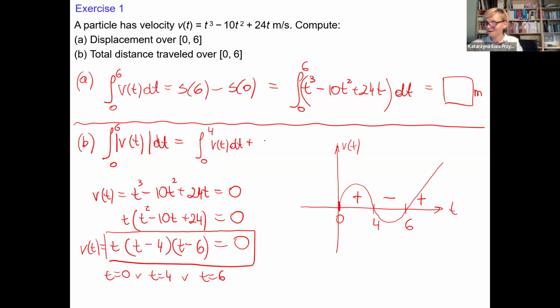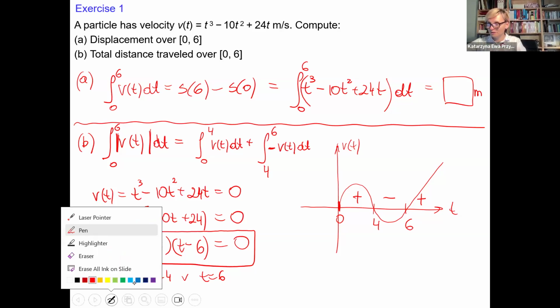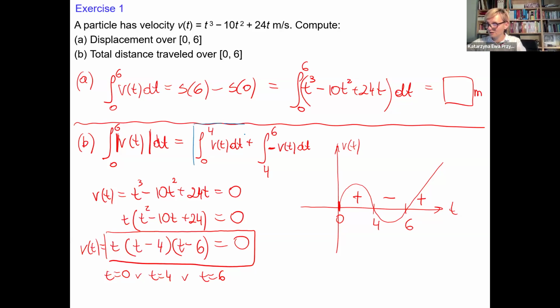Okay, and now what do we have to do between 4 and 6 with the formula? Between 4 and 6, we know that it is absolute value, so in order to rewrite, we will just integrate with the opposite sign of each term of this formula. I can probably leave it for you because you definitely know how to integrate this and this.